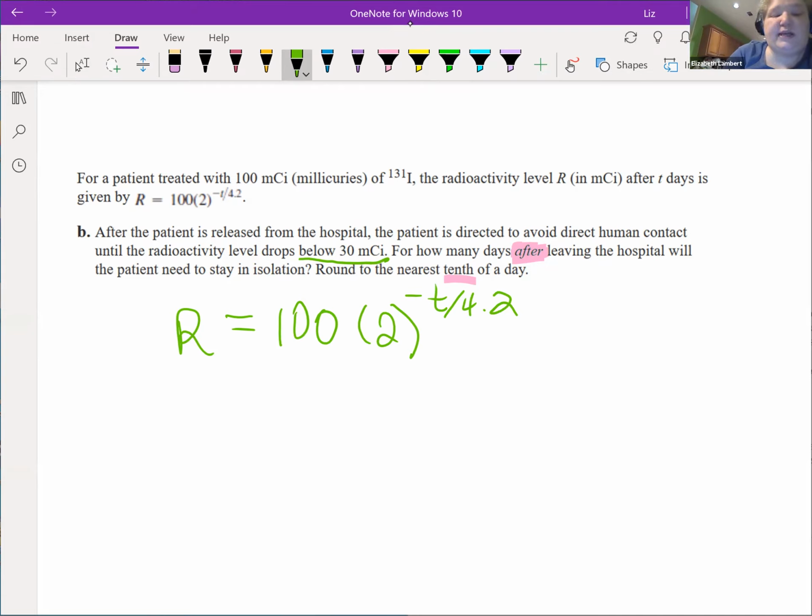That is the radiation level, and I want this thing to be less than that 30. So we could write it as an inequality and solve. Generally though, we would do all the same steps, except potentially for that negative towards the end. Or we can just set it up as an equation, because we do have a common sense way to figure out which way we would go after that.